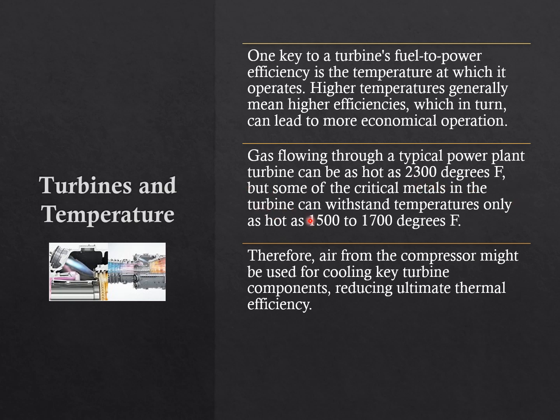But some of the turbines have limitations, and they can only take up to 1500 to 1700 degrees Fahrenheit. So the metal of your turbine has to stand it. In other words, it has to be stronger than your temperature intake.